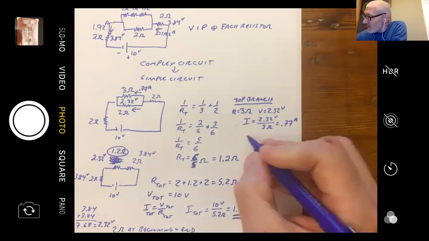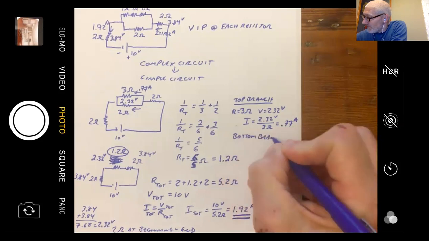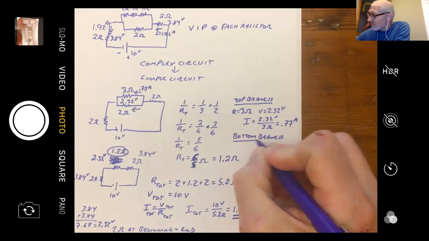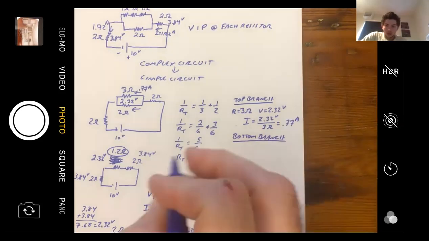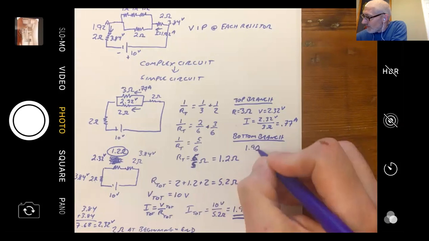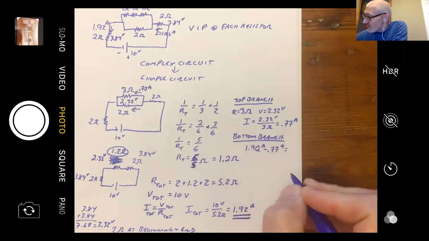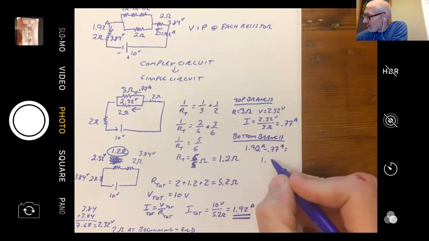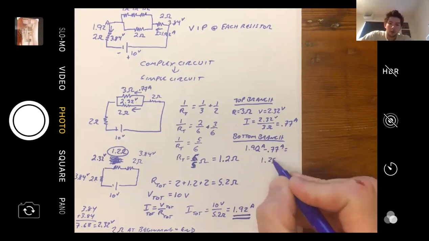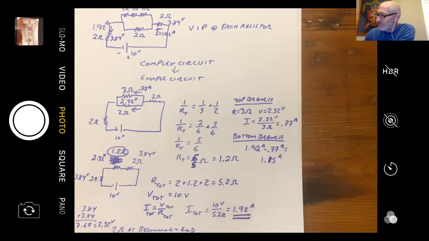So if I think about the bottom branch, you would literally say, 1.92 amps minus the 0.77 amps is going to give me, I want to say 2.5. 1.15. Because I can't do my math in my head.